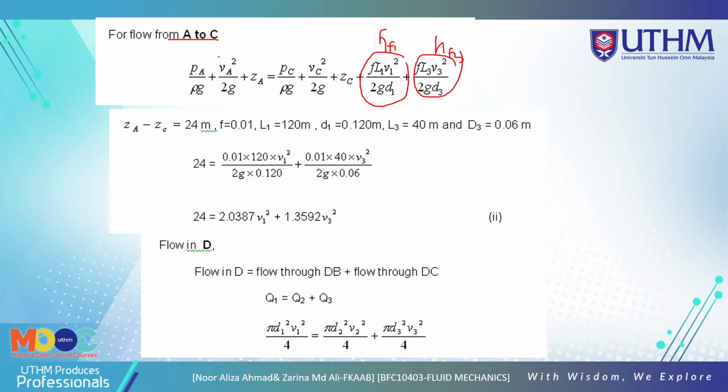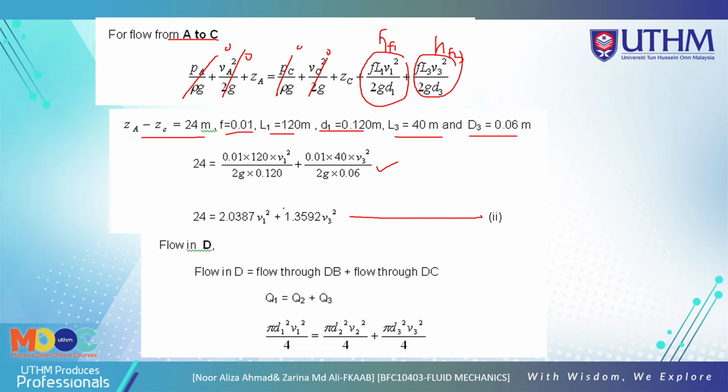This follows the same method, with the pressure and velocity terms also 0. So you just have ZA minus ZC equal to f L1, D1, L3, and D3. Put all the values in this formula, and you get equation 2.